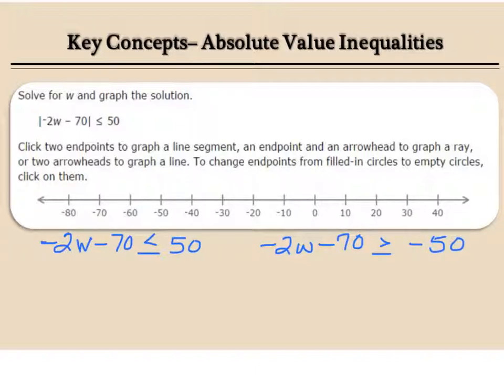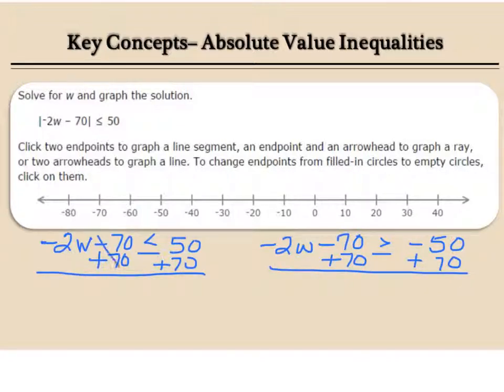The first step is to add 70 to both sides. And I'll do it all the way across. The 70s are canceled. I have negative 2w is less than or equal to 120, and negative 2w is greater than or equal to 20.